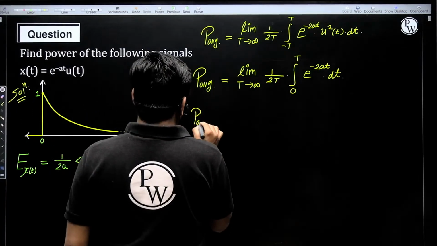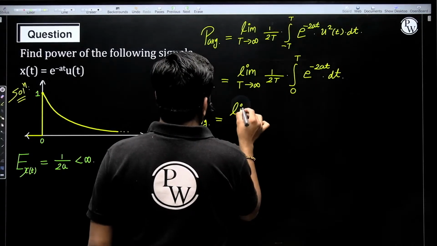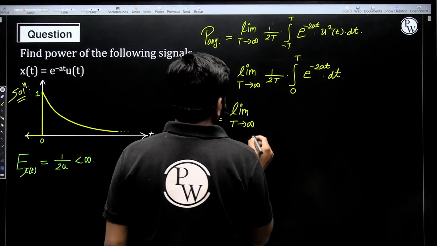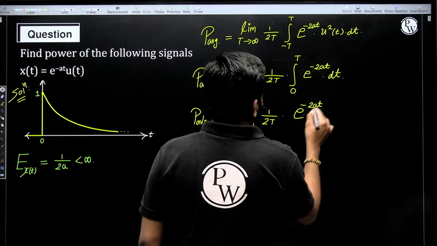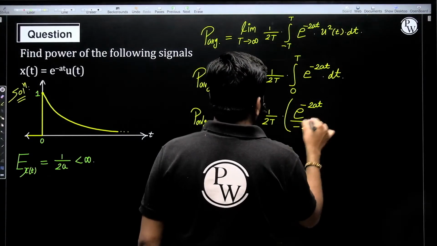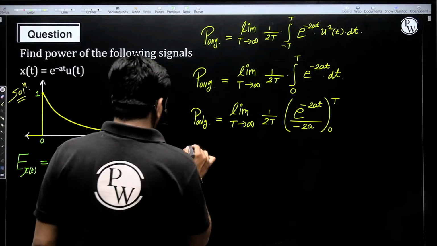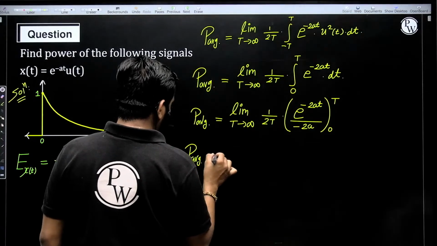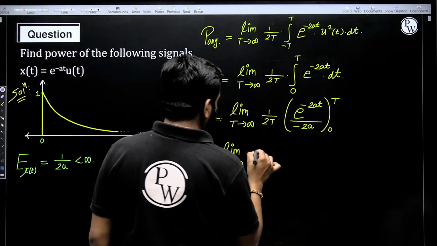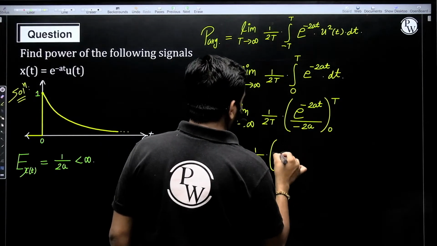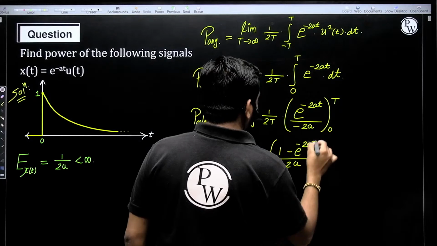So the average power is given by limit T tends to infinity 1 by 2T, here e to the power minus 2at divided by minus 2a, with limit 0 to T. Then average power is equal to limit T tends to infinity 1 by 2T, here 1 minus e to the power minus 2aT divided by 2a.